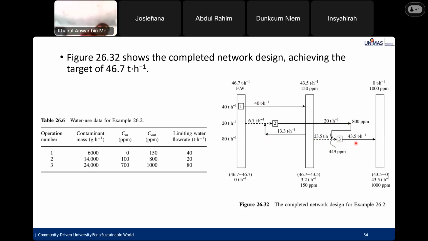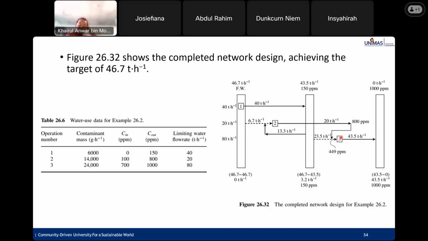You see here, it actually reuses the stream from operation 2 fed to operation 3.